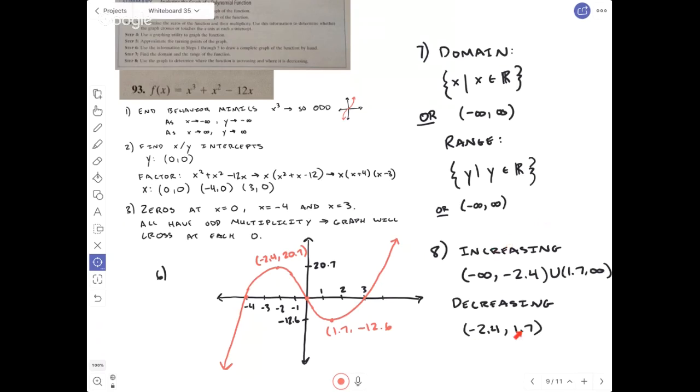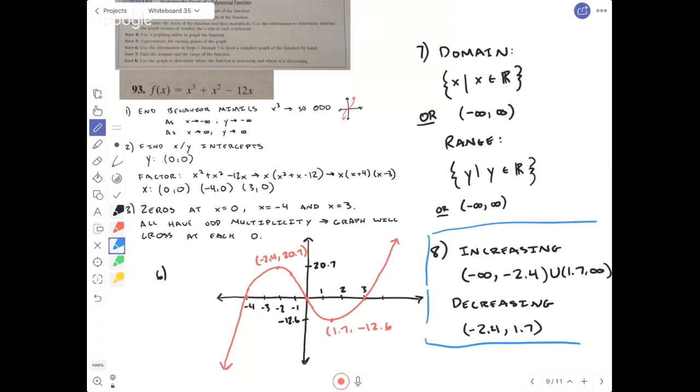You would not be able to do this without Desmos. So this step 8 needs a graphing utility, maybe Desmos. So therefore, not on the core test.